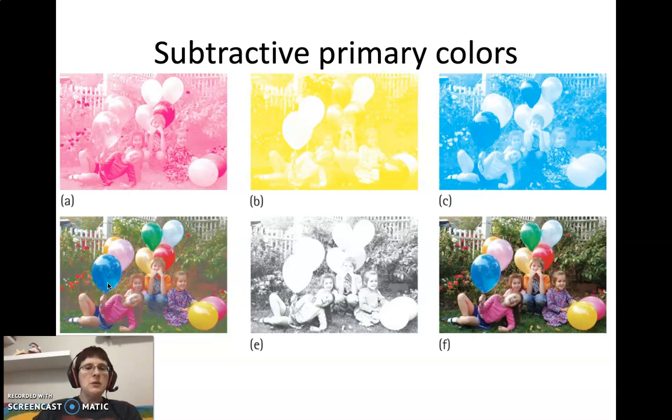So if you look up in these pictures up here, if you notice, we've got no blue in the yellow. We do have color here on the cyan, and we've got color here on the magenta.